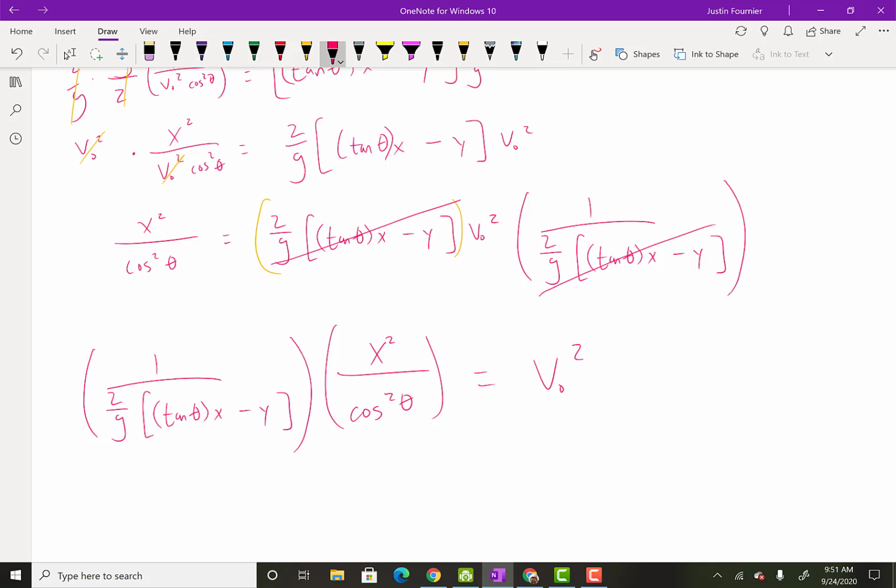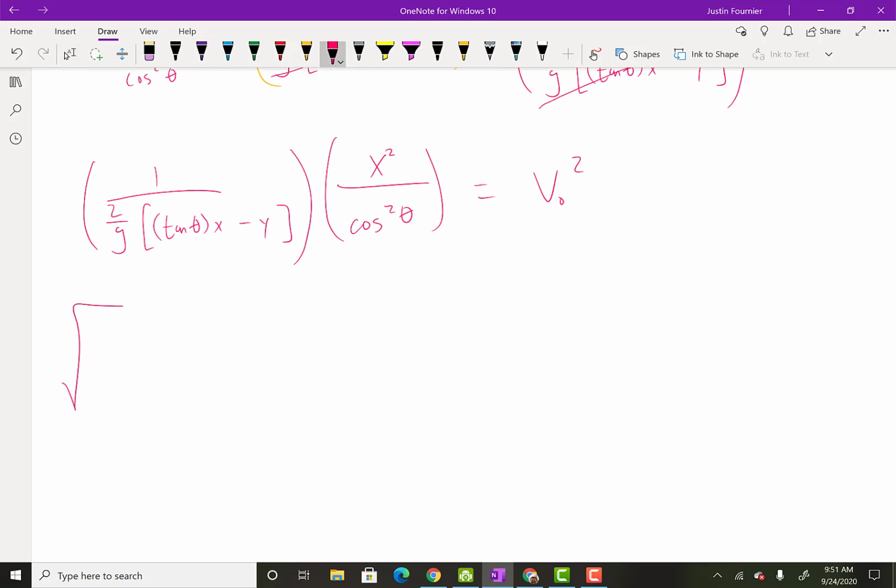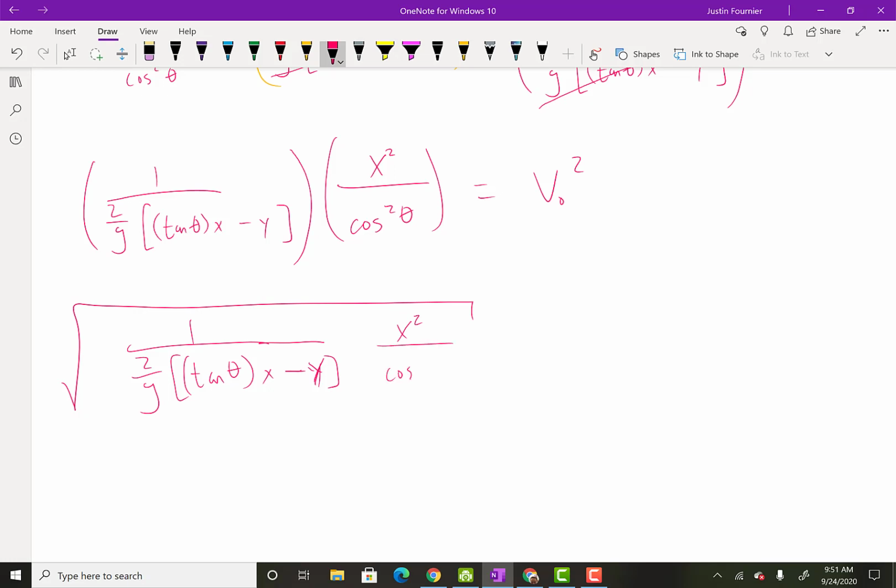Now I need to take the square root, so it's going to be the square root of 1 over 2 over g, tan theta x minus y, all that, x squared over cosine squared theta, so all of that equals v naught. So now it's just plugging everything in.